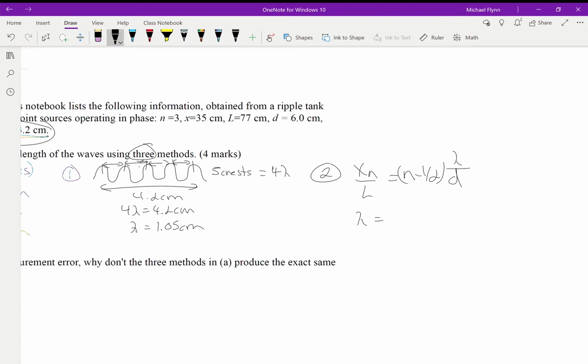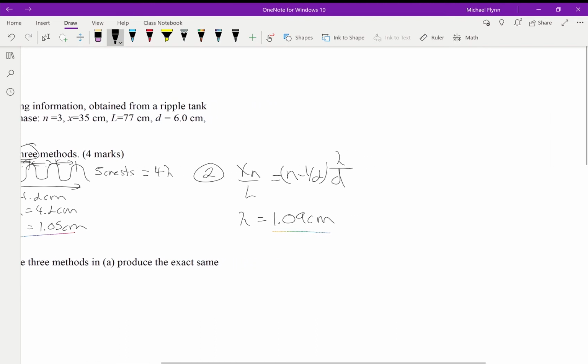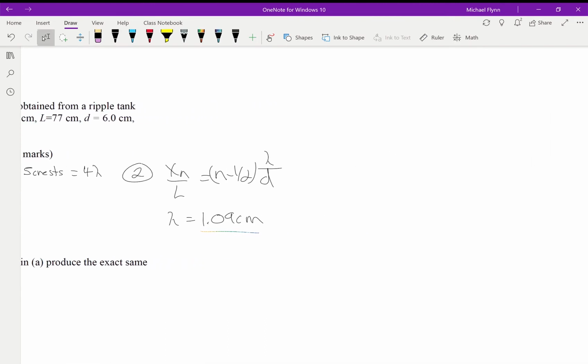And then times 6. I'm going to leave everything in centimeters. I get 1.09. Now I notice right away that these two values aren't exactly the same. That's okay. There are sources of error. This is actually supposed to be data from someone's experiment.